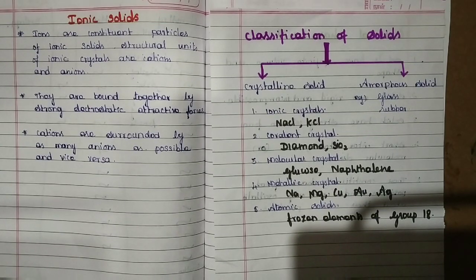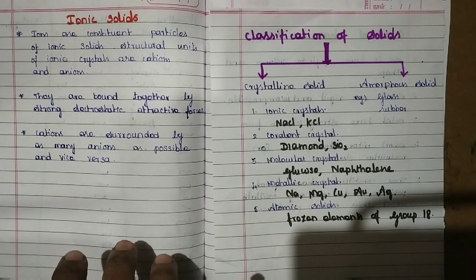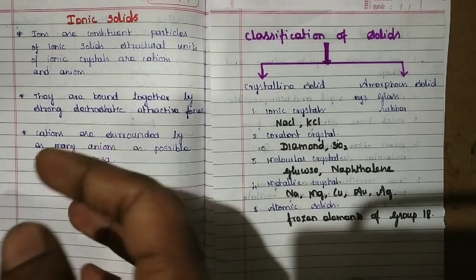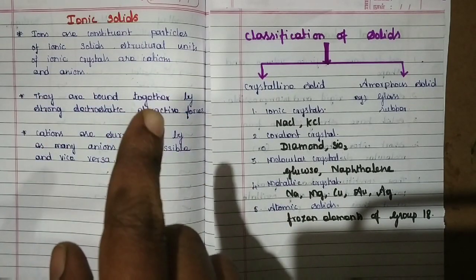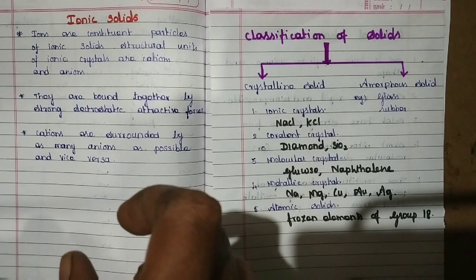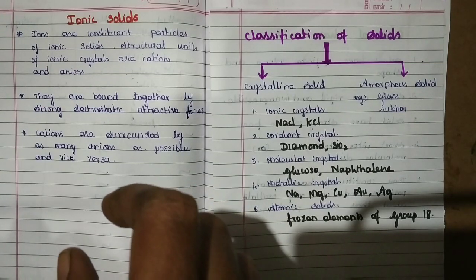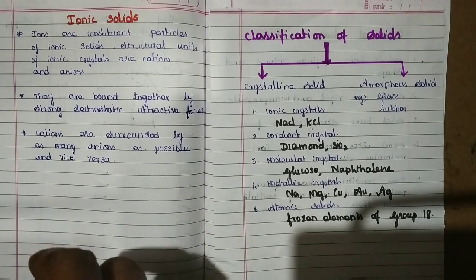Ionic means it consists of ions: positively charged particles called cations and negatively charged particles called anions.